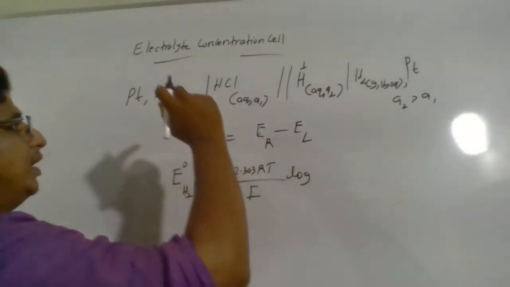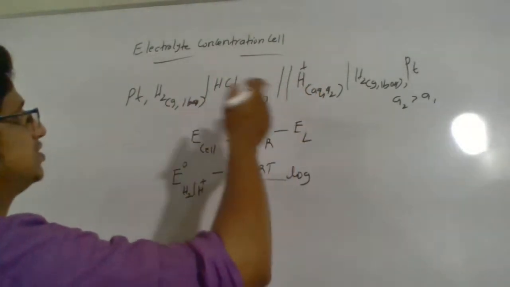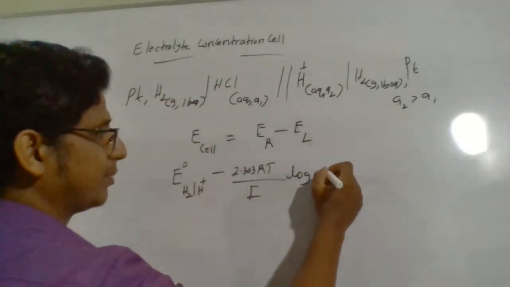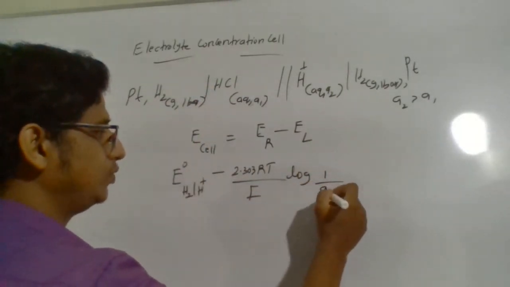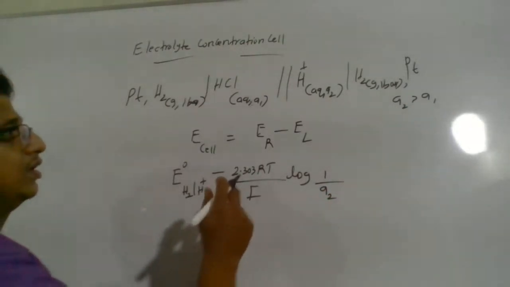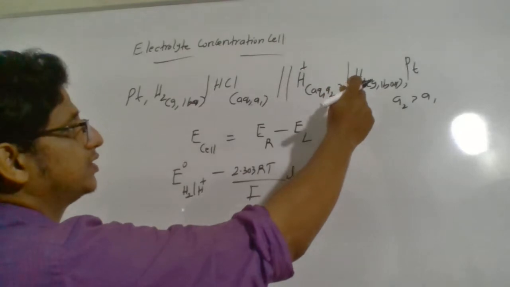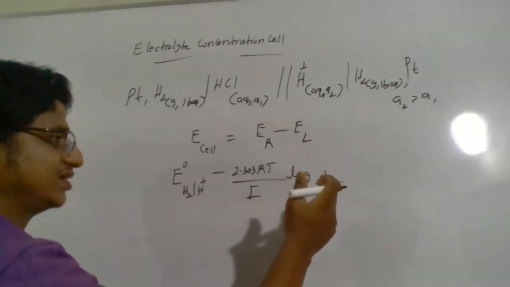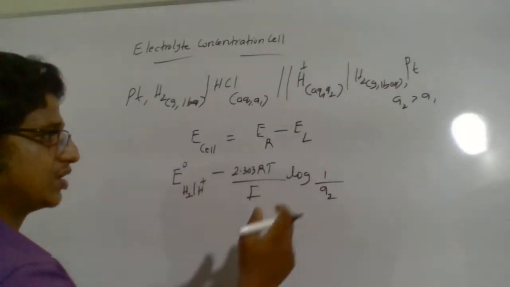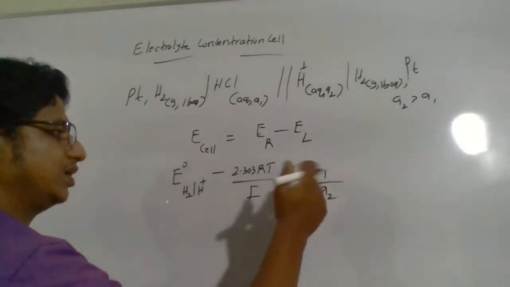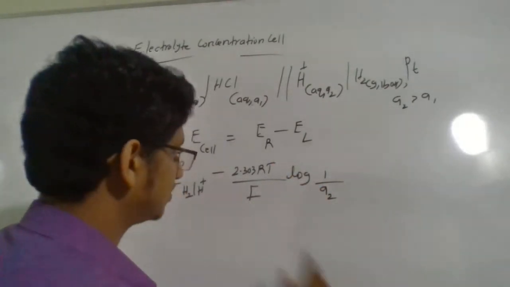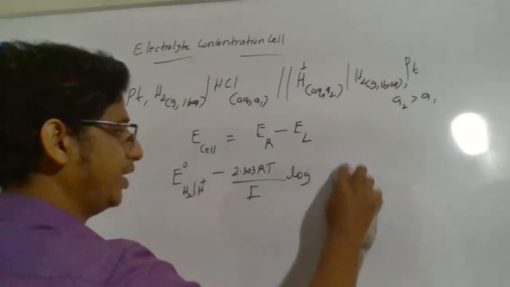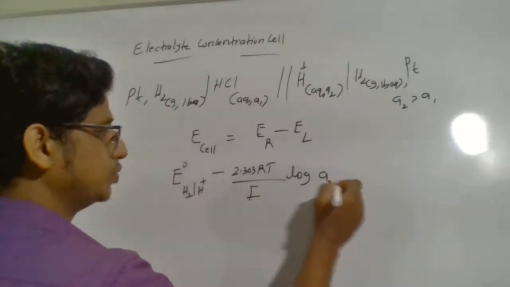So log. Let us start with reduced over oxidized concentration. Reduced is hydrogen at 1 bar pressure, so it will be 1 by A2 for the cathode. The concentration of reduced is hydrogen and the concentration of oxidized is A2. Instead of this you can bring A2 to the upper side, so the sign will change. So let us write log A2 by putting plus here.